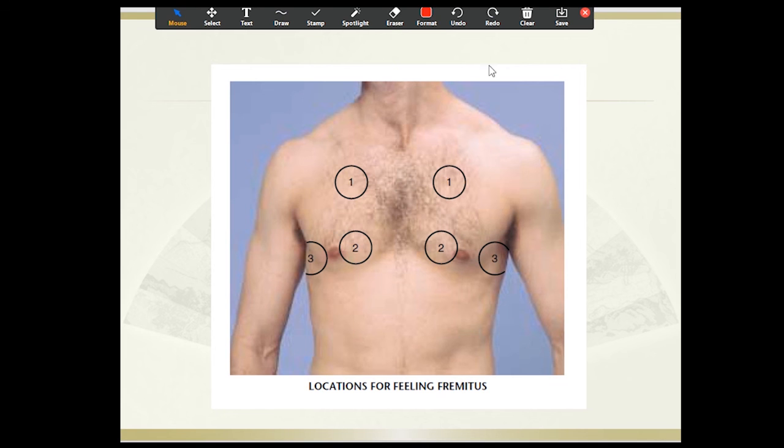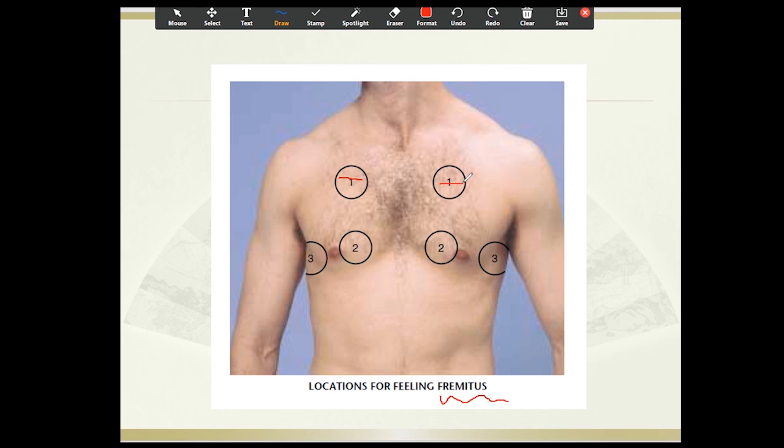Then we still feel for the fremitus, the same thing as we do on the back. We put our hands on both sides at the same level and tell the patient to say 99 or E, making the sound long.